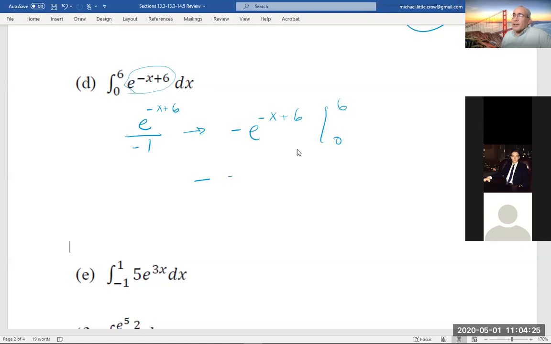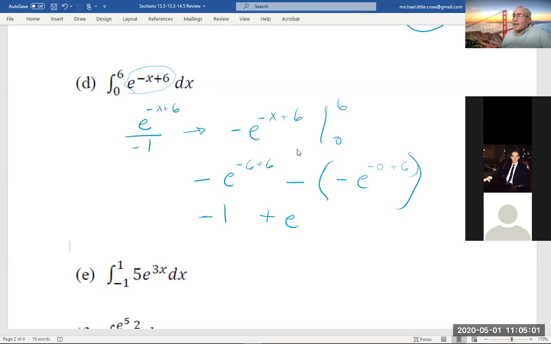So you put in the 6. Then we subtract. We put in 0 for x. So negative 6 plus 6 is 0. Negative e to the 0 is 1. So this part just becomes negative 1. This one, we're going to get a negative and negative, so that's plus.